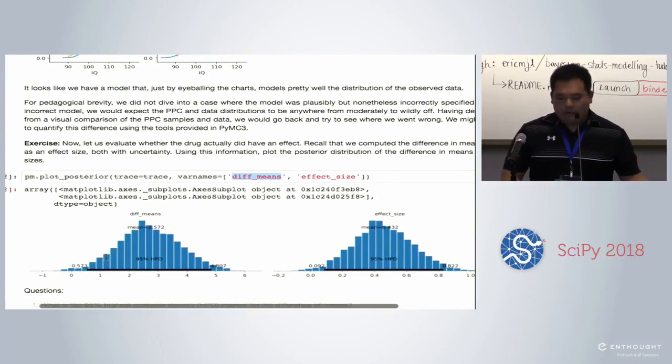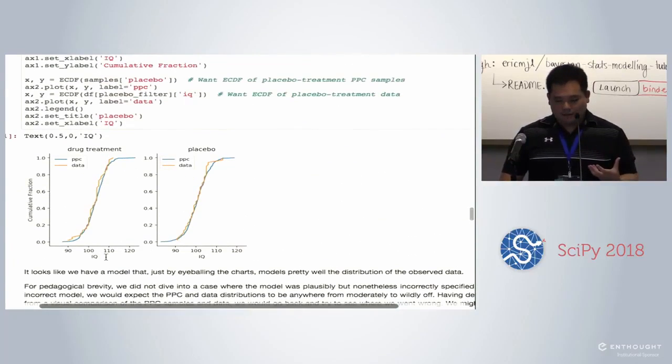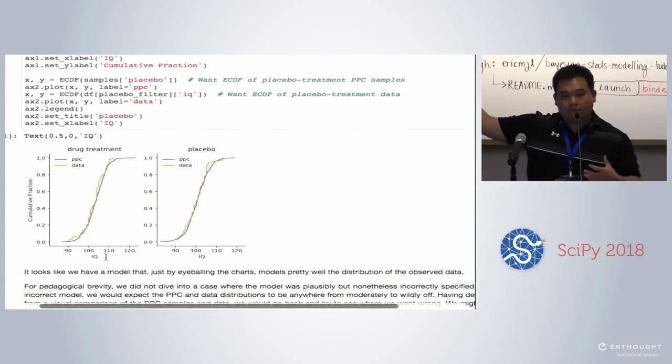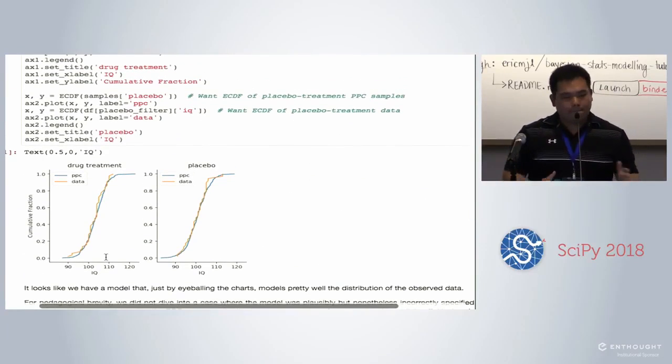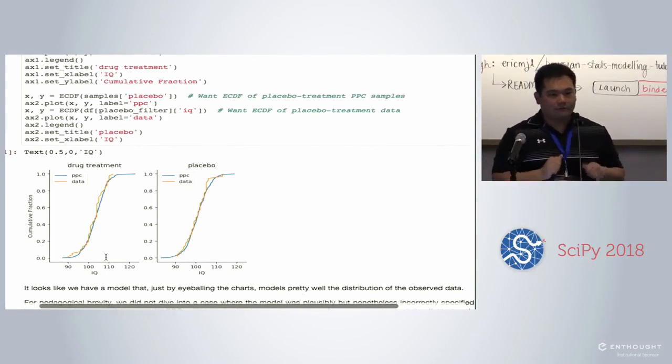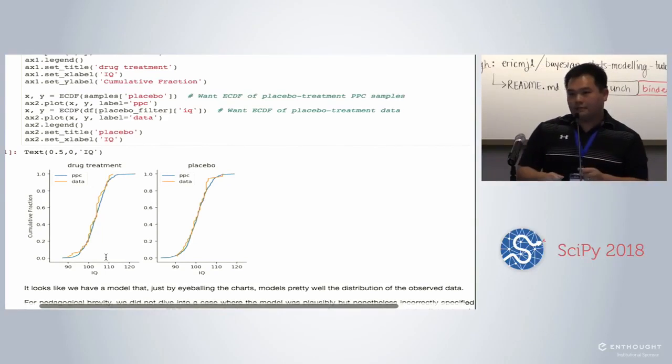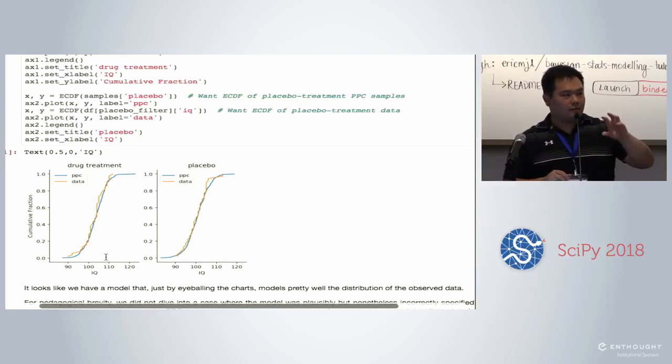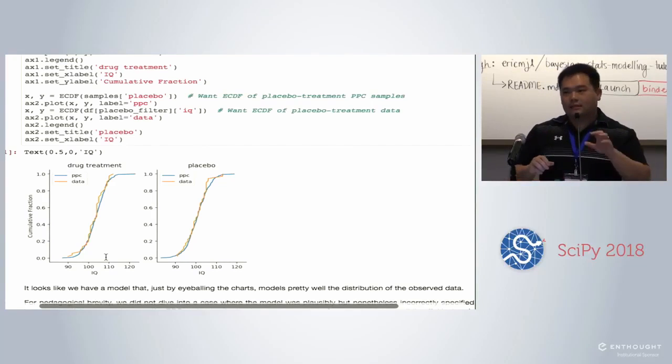Okay? Now, let's go back to this thing that I wanted some of you who might have already done this to take a look at. This is what we call the model checking step of Bayesian inference. That is to say, if our model was specified correctly, then what we have on hand is a data generative model.